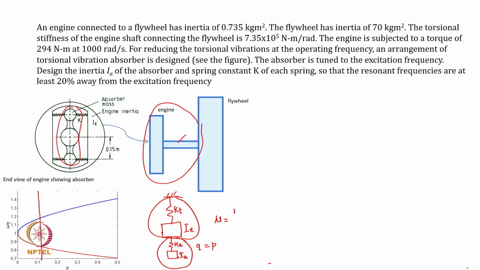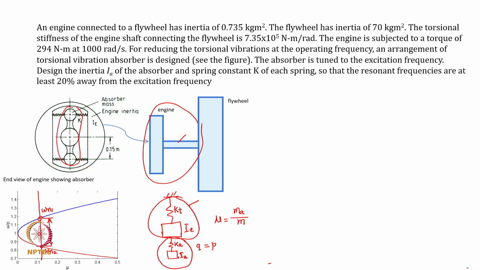So, the mass of the absorber upon the mass of the parent system, this mass ratio actually decides how much will be the difference in the two new natural frequencies, because once we attach this auxiliary system, two new natural frequencies appear instead of only one corresponding to the primary system, and these two natural frequencies omega n1 and omega n2, they will be separated by some frequency.